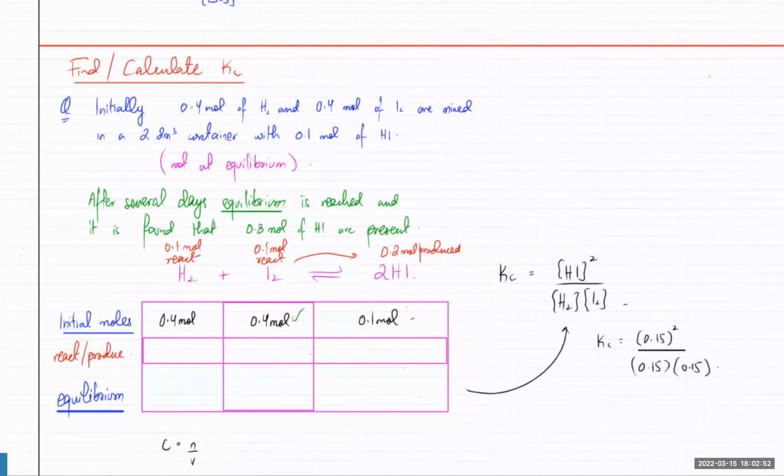What will happen in that is उसने ना initial moles दिए होंगे कि there's 0.4 moles of H2 and 0.4 moles of I2, and they're mixed in a 2 dm cube container with 0.1 moles of HI, right?